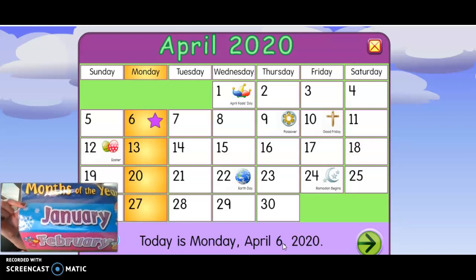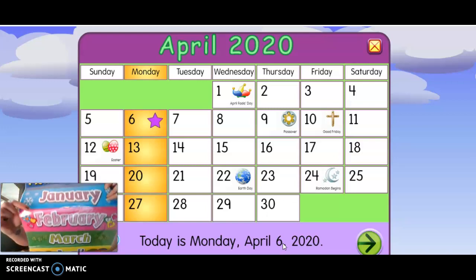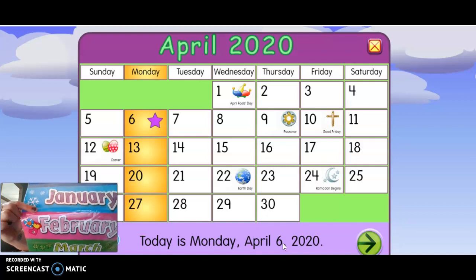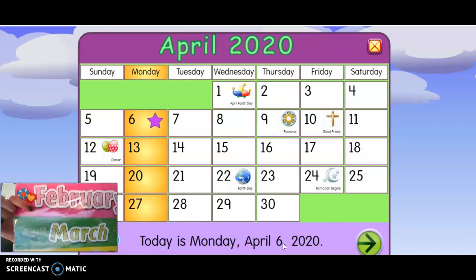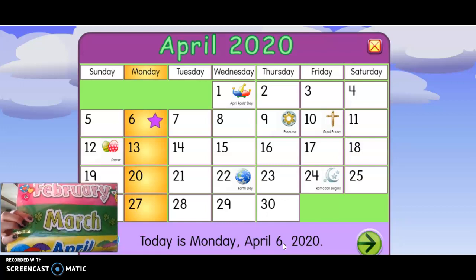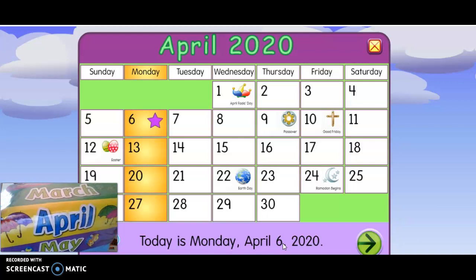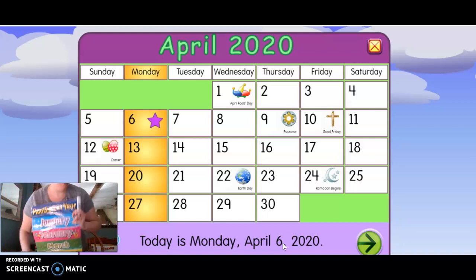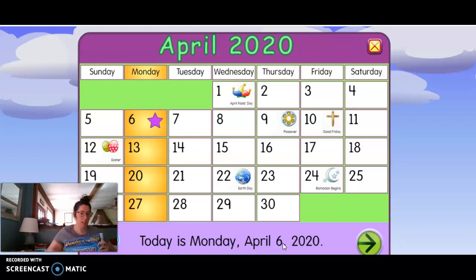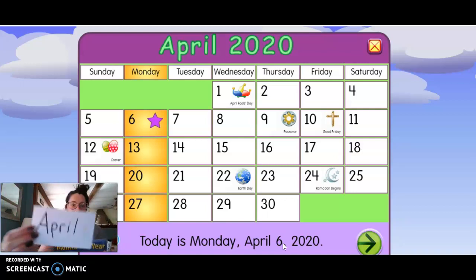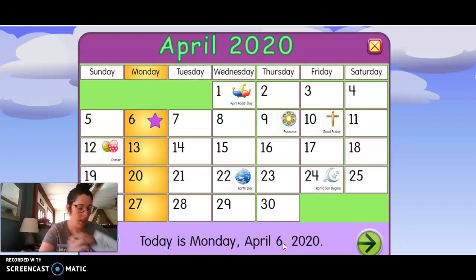Does this say April? No. How about this? No. Does this say April? No. This one. This says April. April looks like this, remember? And April starts with what letter?